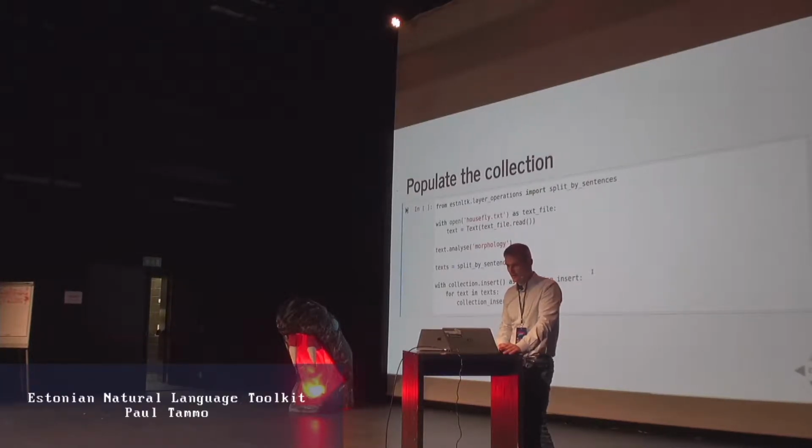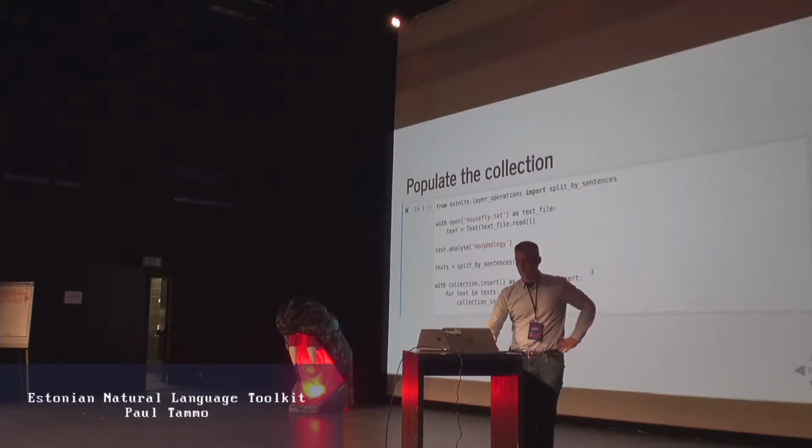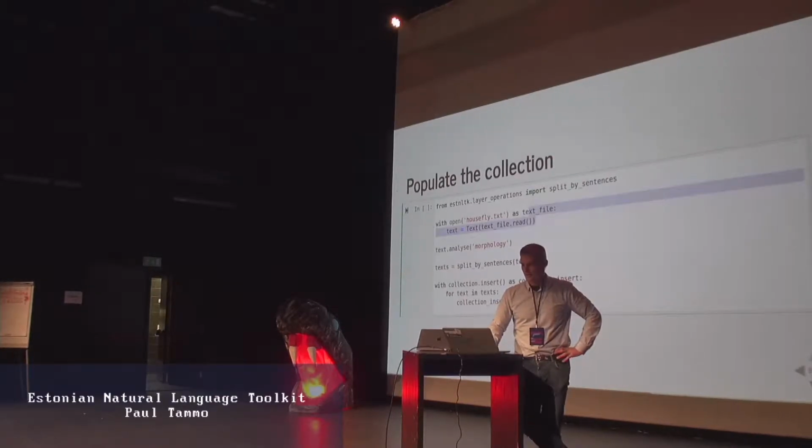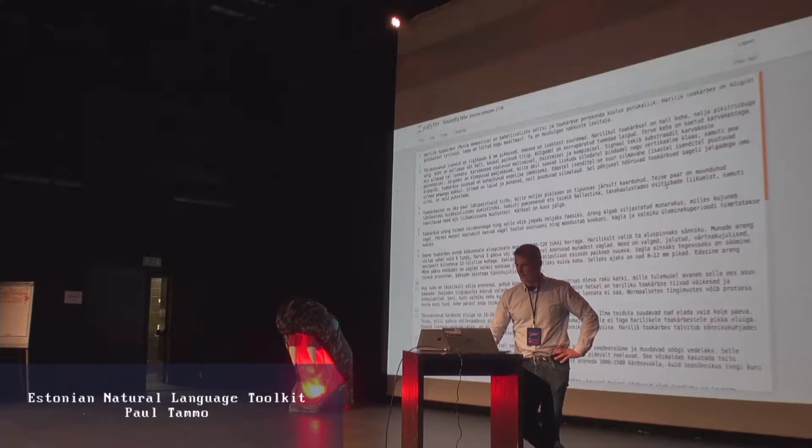Then the next thing, the typical use case, is to populate the collection. We open a text file. I have a text file here. That's again a copy from the Estonian Wikipedia. I have somewhat edited it. I have removed hyperlinks and titles.